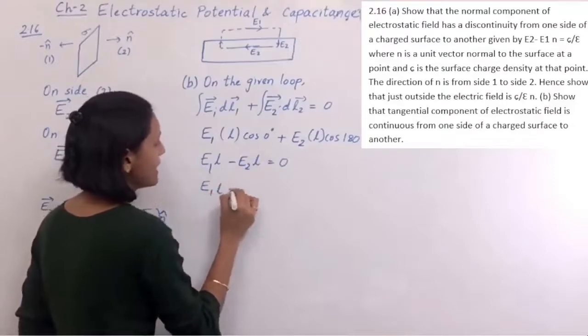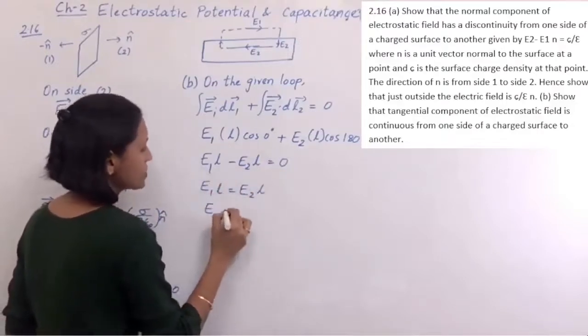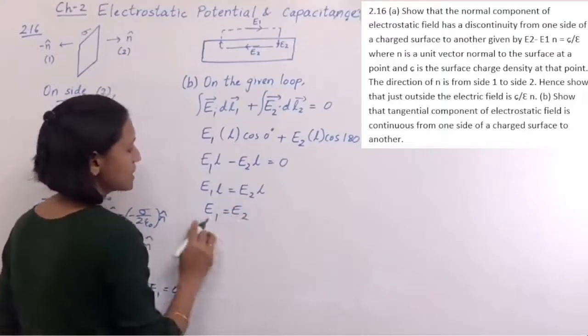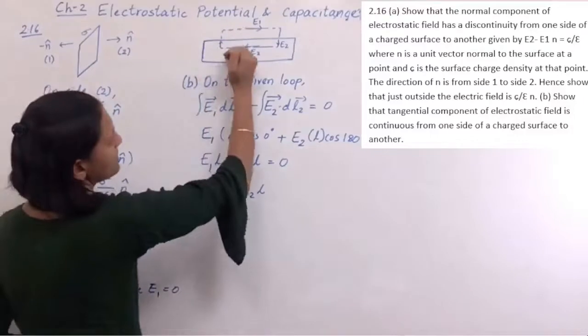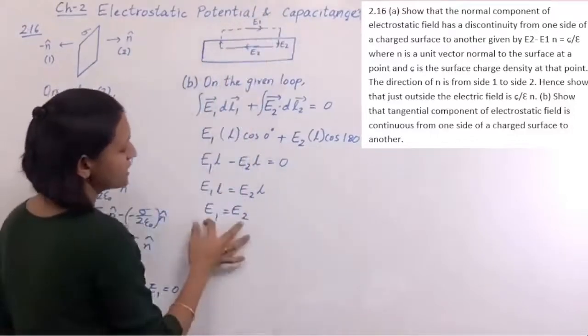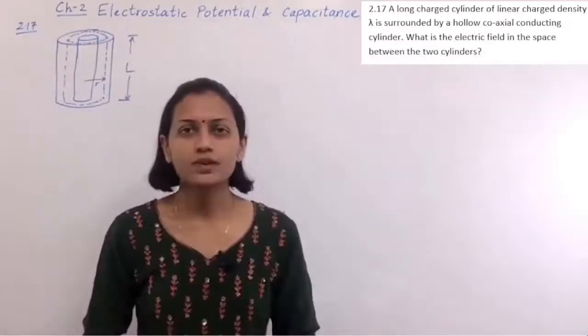So E1L equals to E2L, that can also be said. So E1 equals to E2. This is how it gets proved that the tangential component of electric field is continuous from one side of the charged surface to another. One side of the charged surface to the other, it is continuous.